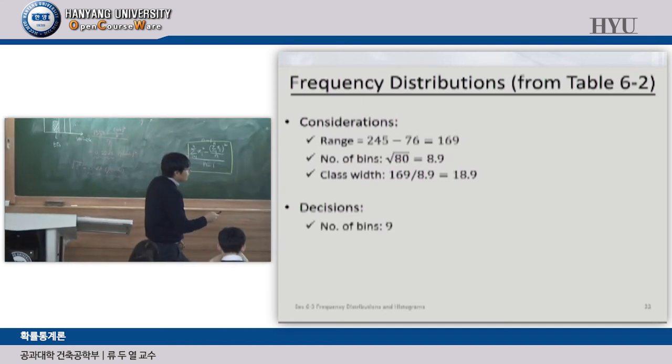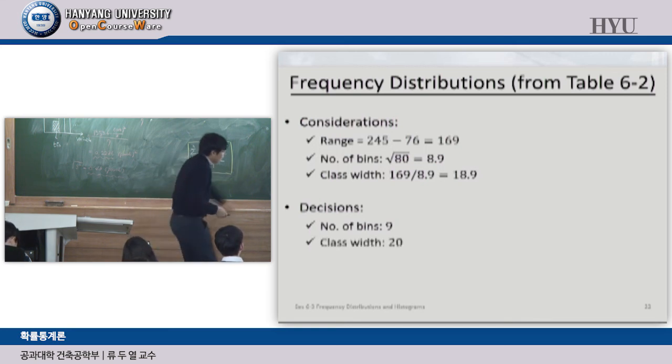Based on this value, when we want to use a histogram, the number of bins should be an integer. So we can determine the number of bins to be 9 because this is the closest integer to the calculated number of bins.